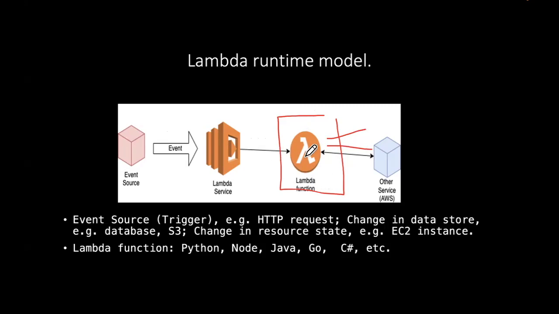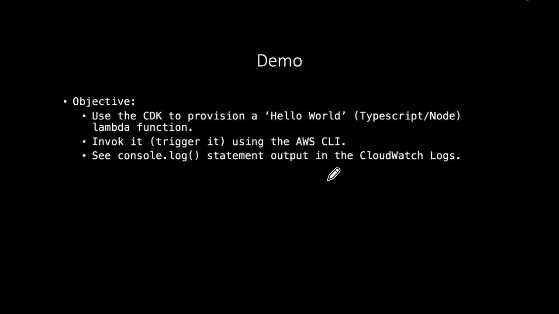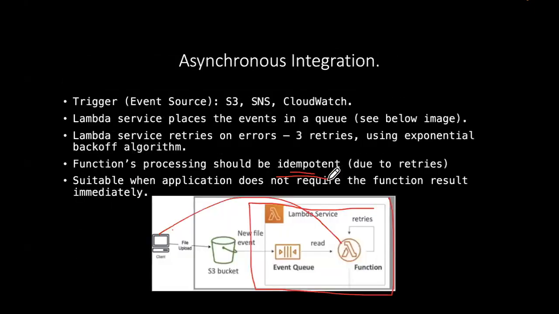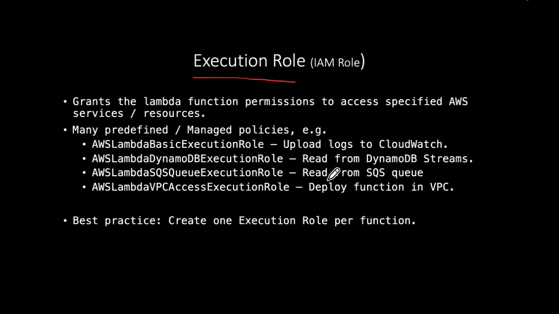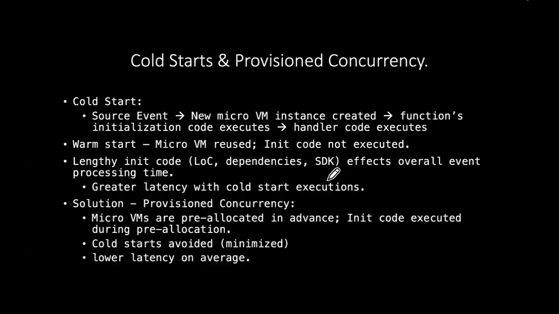A warm execution is when it only executes the handler function. It's also referred to as a warm start. So back to the slide that I was on. So that's the difference between a cold start and a warm start of a micro VM. And we now know when these occur.